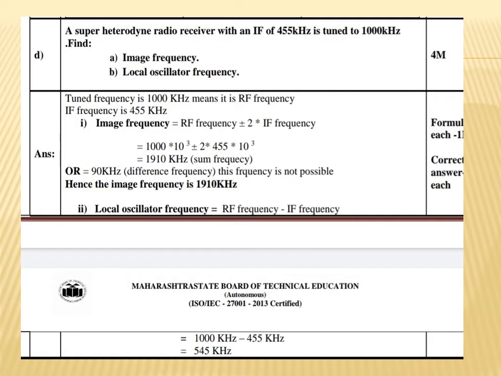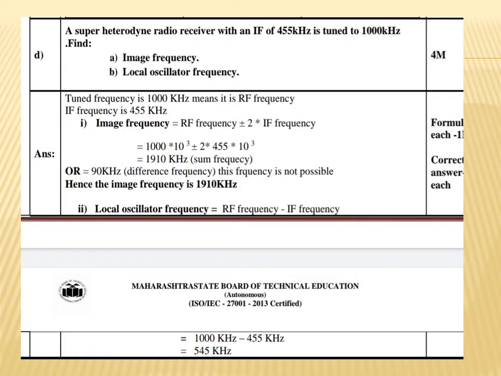So see one example. A superheterodyne radio receiver with an intermediate frequency of 455 kHz is tuned to 1000 kHz. Find the image frequency, and second, the local oscillator frequency.